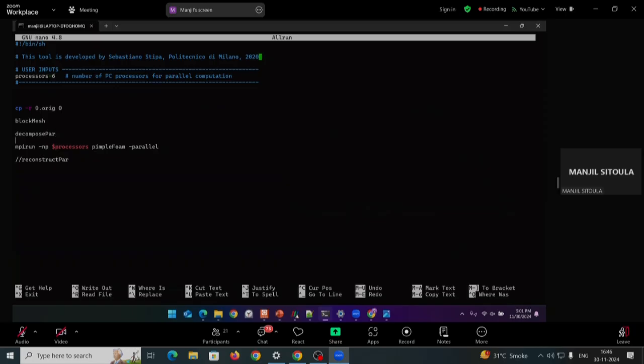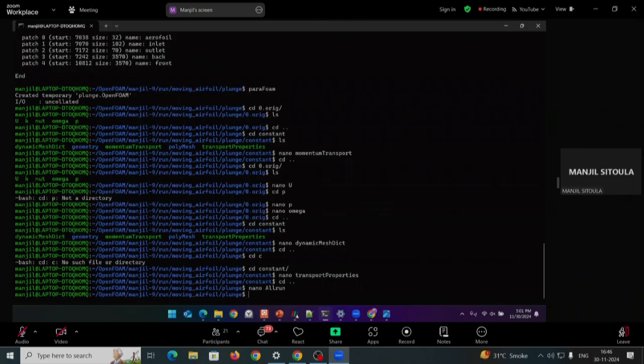We are using 6 processors according to my system capability. As Jungsur has already explained how to decompose and what the decomposition methods are, I don't have to provide more information on that. I've used the parallel decomposition in this, so I will be running the simulation in parallel. Now we can type the Allrun command.